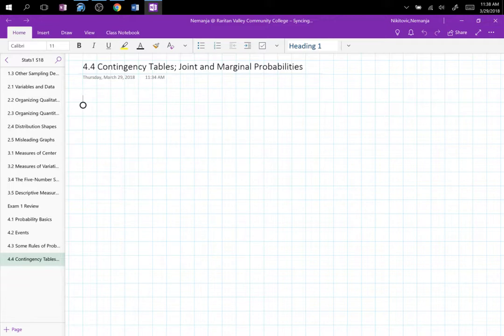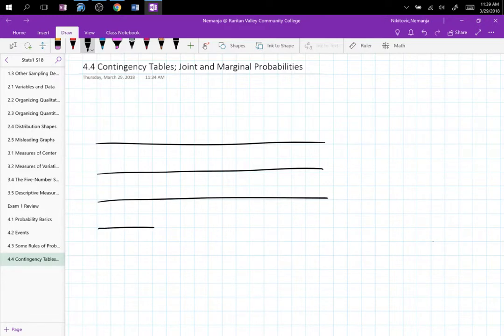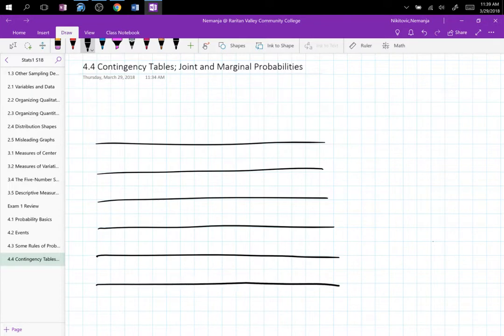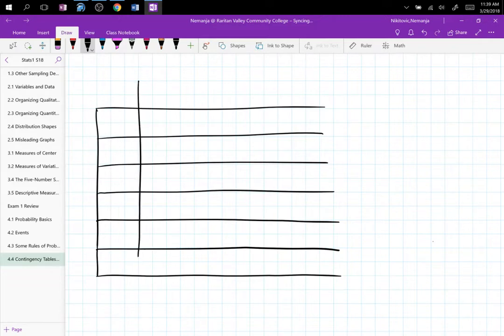We'll need 7 rows. Great, I have 5. And now I'll do the same thing that they do over there, which is go like this.